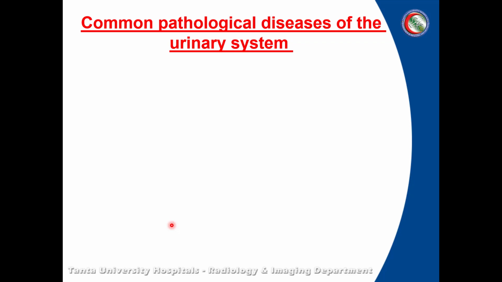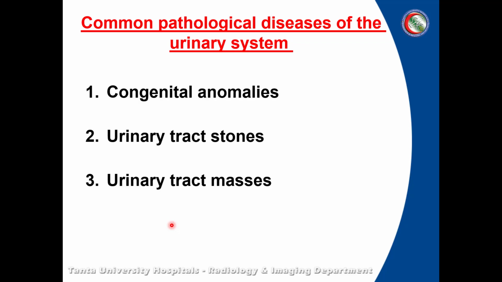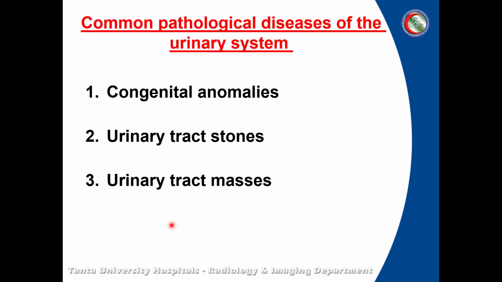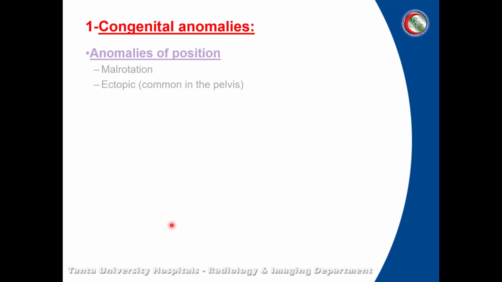The common pathological diseases of the urinary system can be subdivided into 3 main portions: congenital anomalies, urinary tract stones, and urinary tract masses. Let's start with congenital anomalies. Congenital anomalies of the urinary system may be anomalies in the position or site, such as ectopic kidney, mainly common to be in the pelvis, or malrotation.